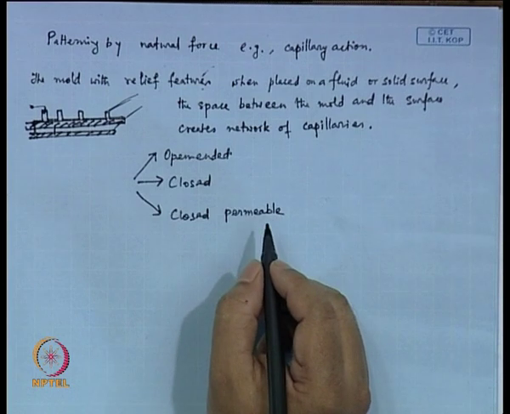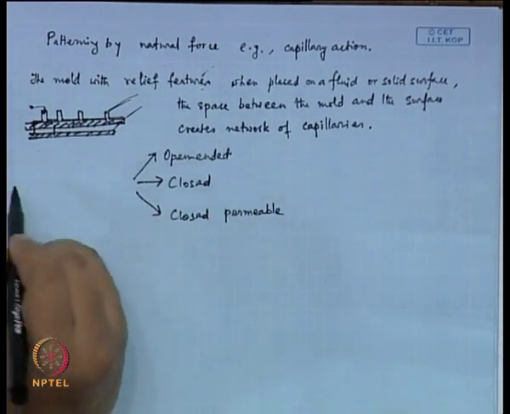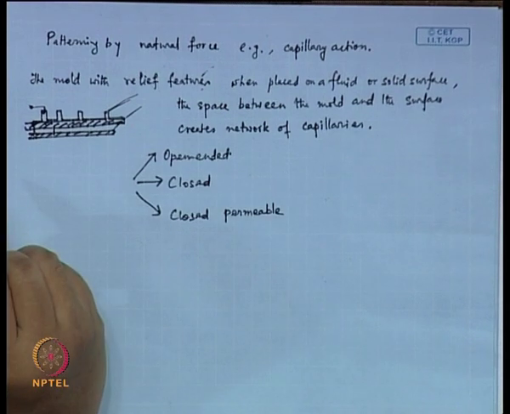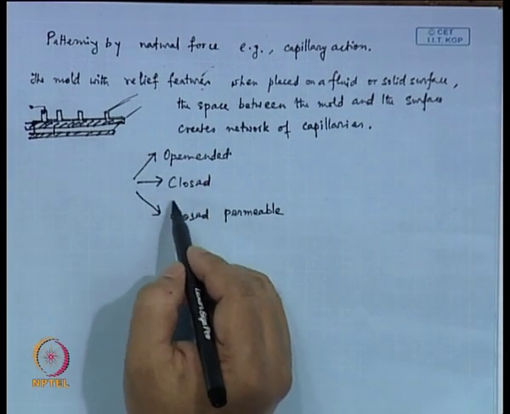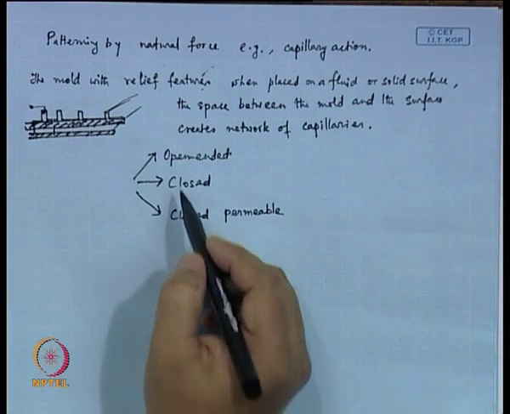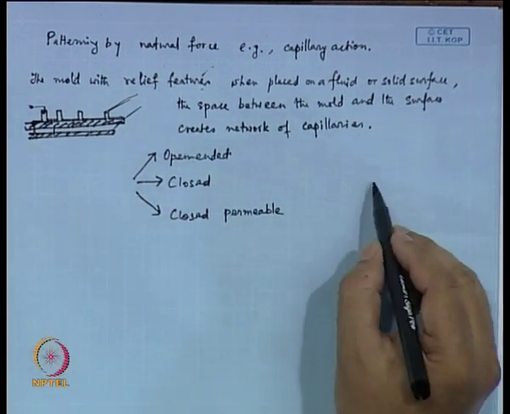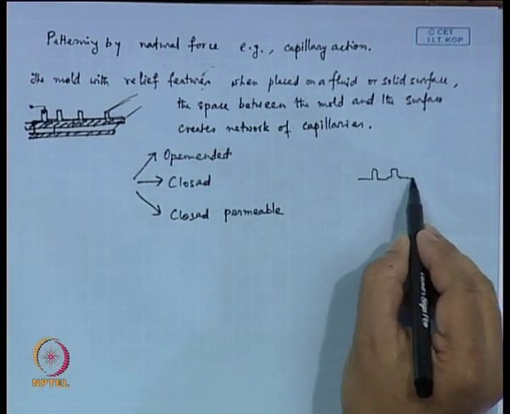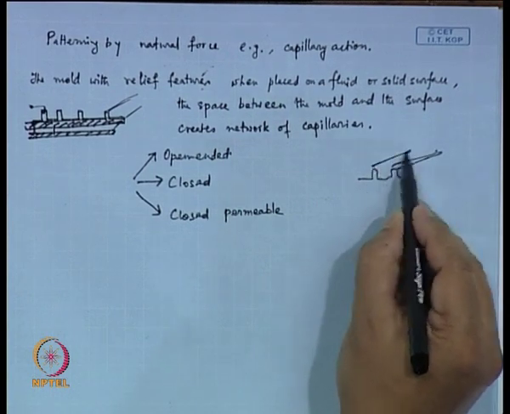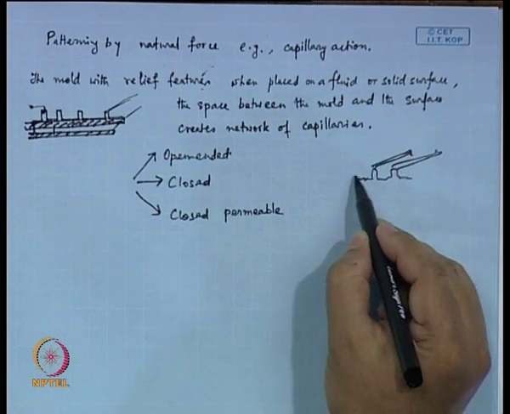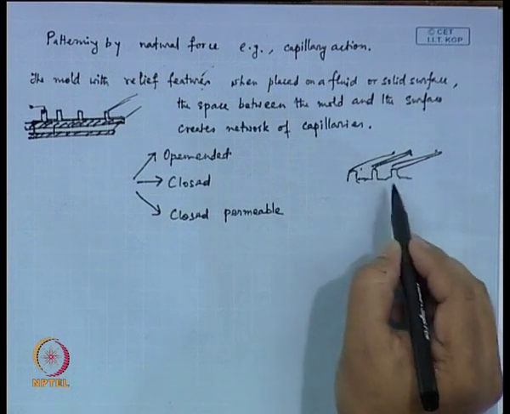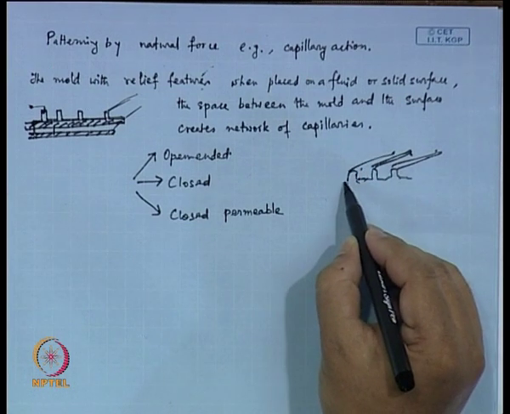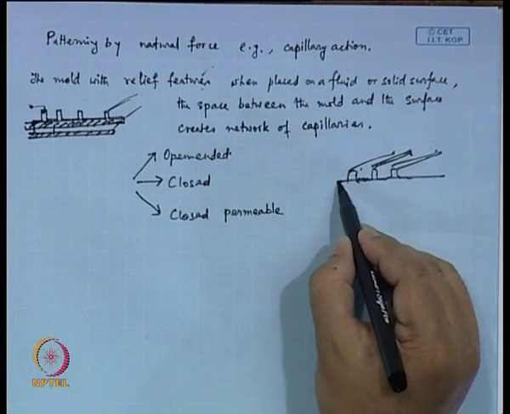What I mean by this is, let us see first what happens if you have a closed capillary. You have a network of capillary, you had a mold. This mold has a third dimension here. So, you are bringing this mold in contact with another flat substrate.